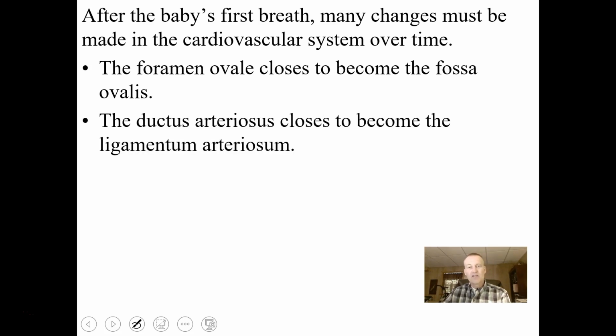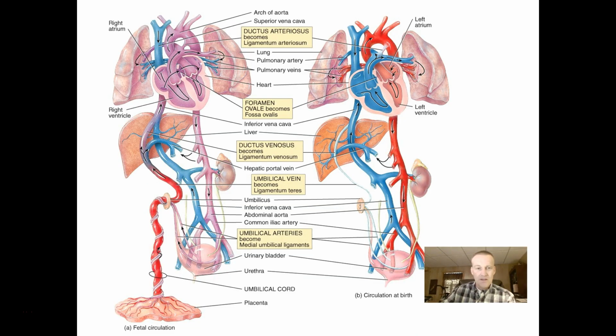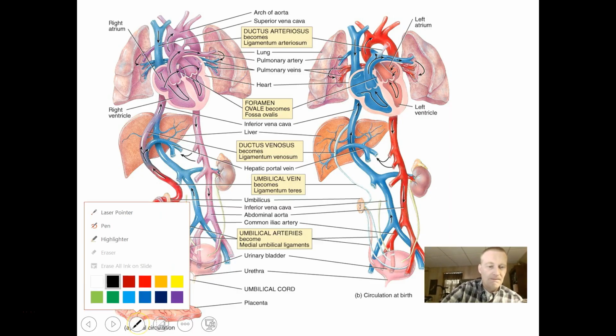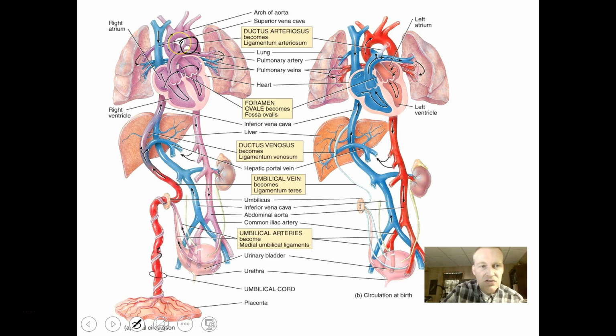The ductus arteriosus, which is another connecting, let me go ahead and show you the little picture here. So the ductus arteriosus is a connecting tube between the pulmonary trunk and the aorta.